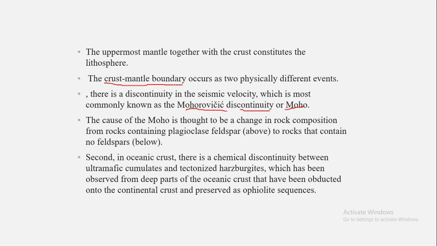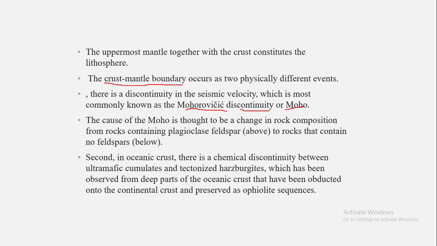The cause of the MOHO is thought to be a change in the rock composition from rocks containing plagioclase feldspar to rocks that contain no feldspar. What is the main thing about this discontinuity? It is the composition of the rocks above and below it.